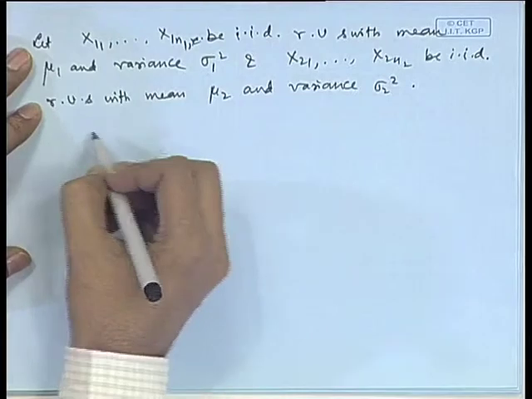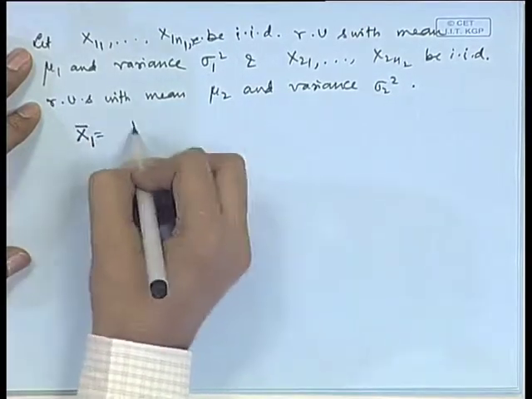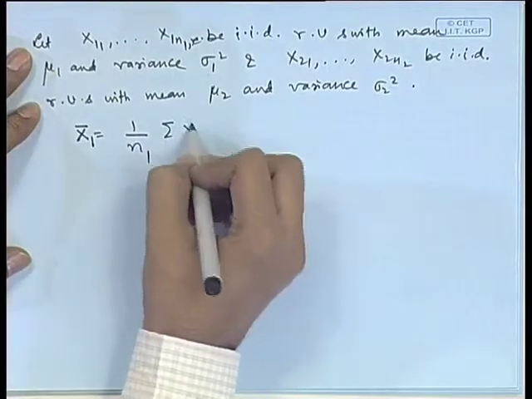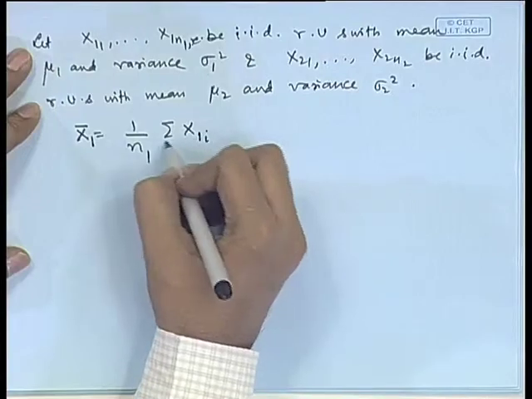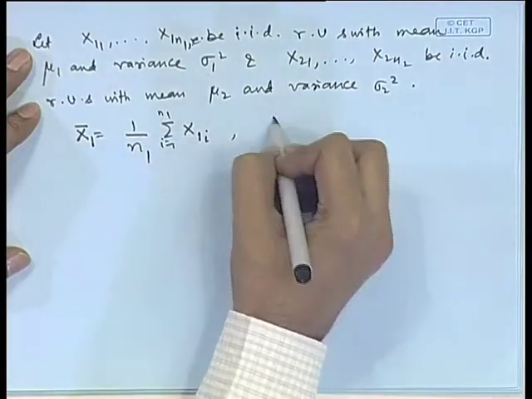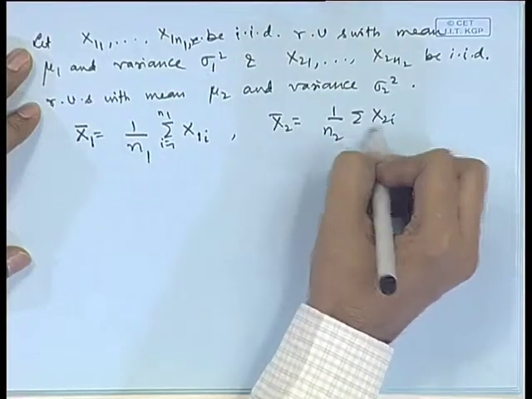Consider the random variable x 1 bar, which is the mean of the first sample, and x 2 bar, the mean of the second sample.